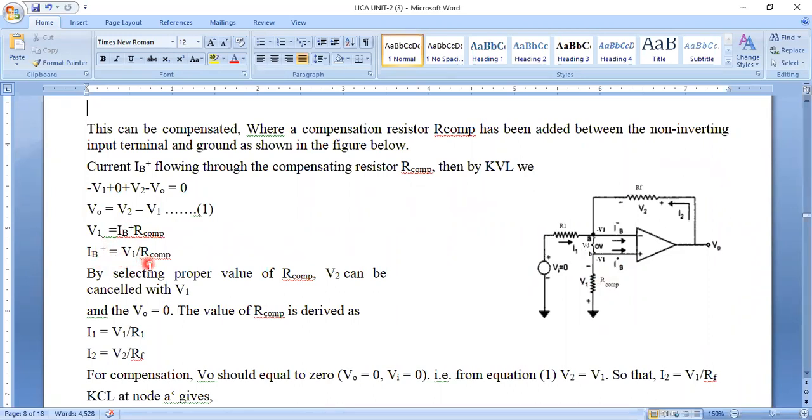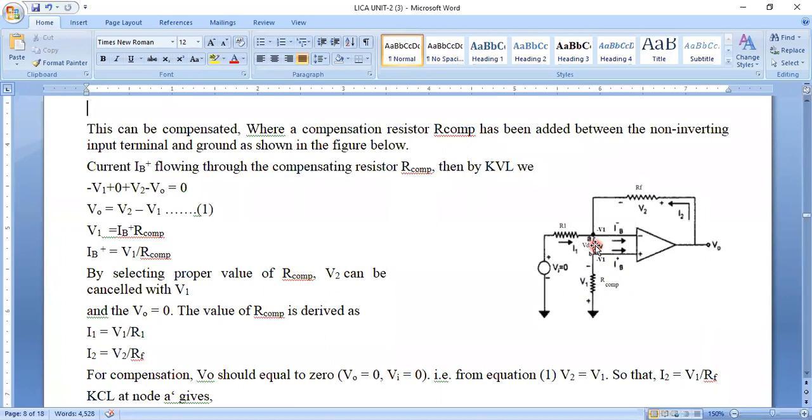That means by selecting a proper compensating resistance, V2 can be cancelled with respect to V1. What we have to do is choose a proper compensating resistance.